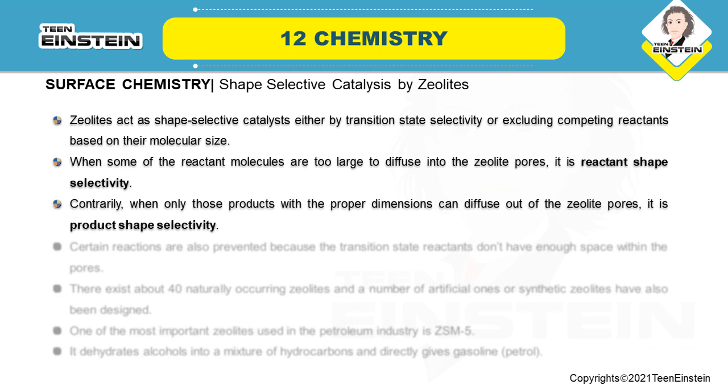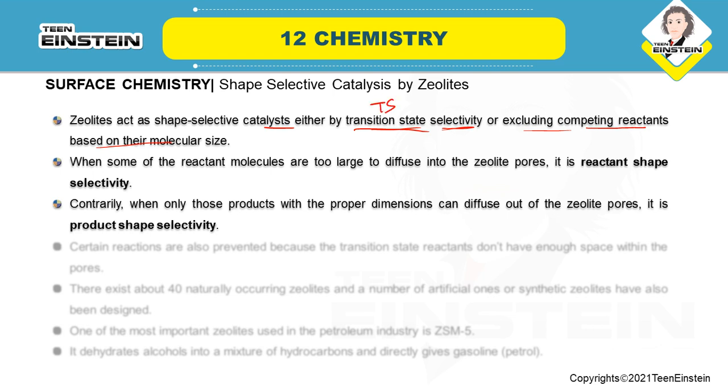Zeolites act as shape selective catalysts either by transition state selectivity or by excluding competing reactants based on their molecular size. Transition state selectivity means that before the formation of the intermediate there will be some transition state.